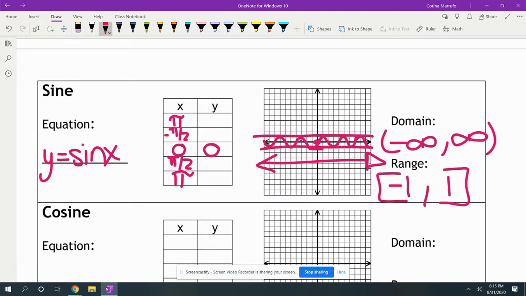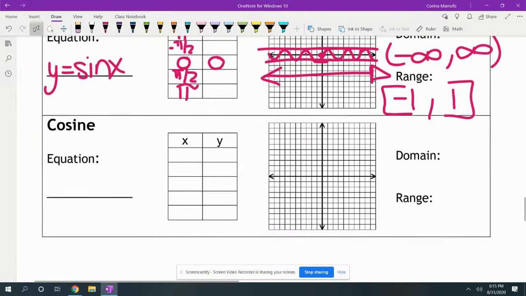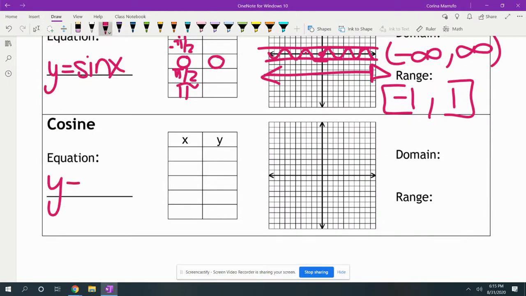Now your cosine is y equals cosine x. Here you would pick the same numbers: 0, negative pi over 2, negative pi, pi over 2, and pi. But I don't want you guys to stress out about that. The only difference is that cosine does not go through the origin. It starts at 1. So instead of being at the origin, it'd be up here.